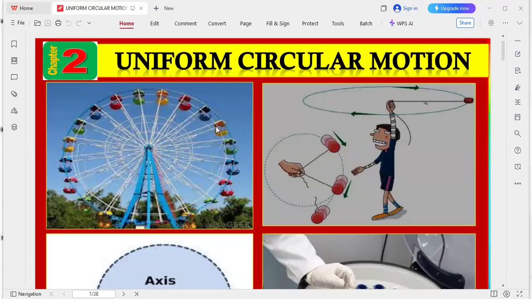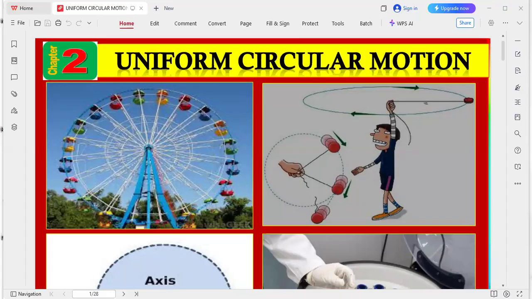We are going to discuss uniform circular motion as our first chapter in Form 4. I know most of us had covered the same with our teachers in class, but I felt that we should revisit the area, because maybe we were busy preparing for the end of term exams, and we were not able to really retain the content.